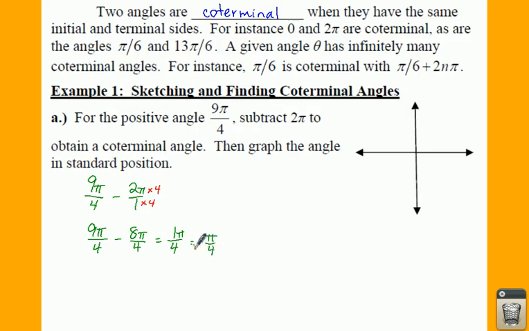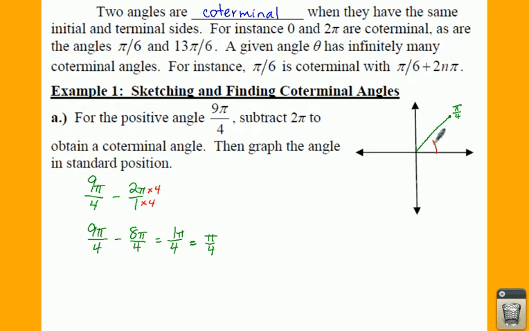Now you should know where pi over 4 is. When we want to graph this, pi over 4 is just this angle going up here to the right. It's your 45-degree angle. So here is your pi over 4.